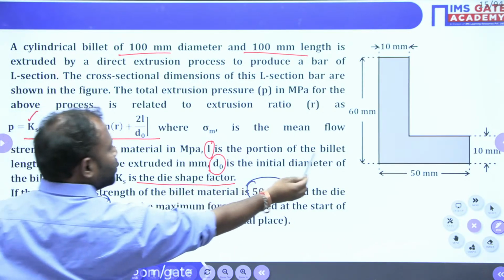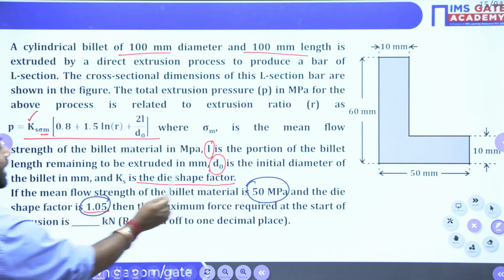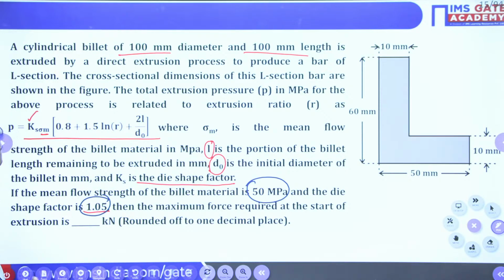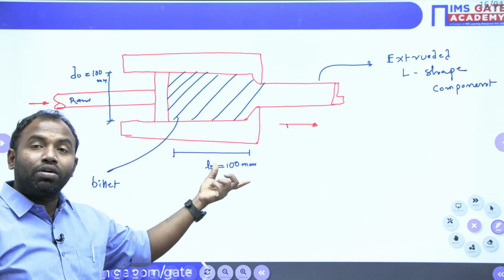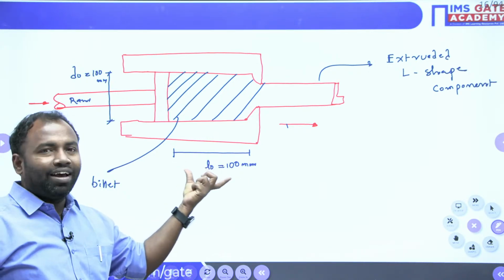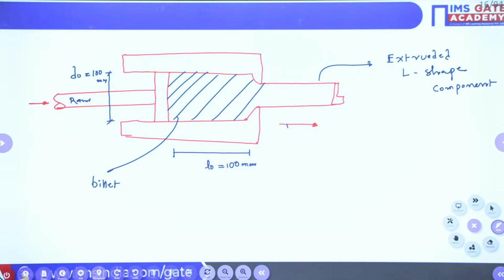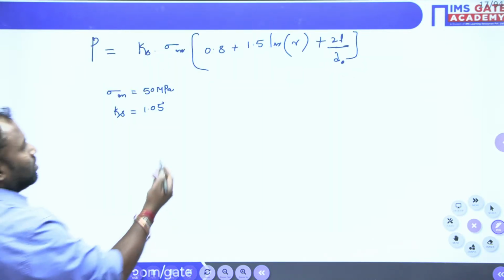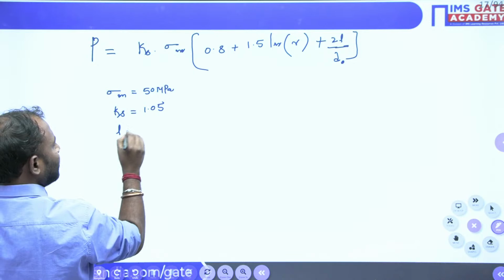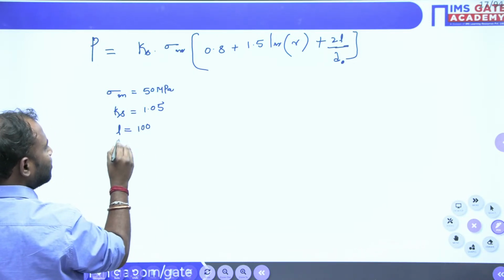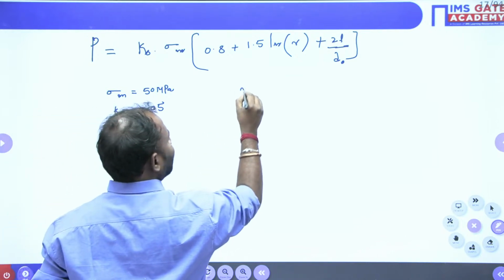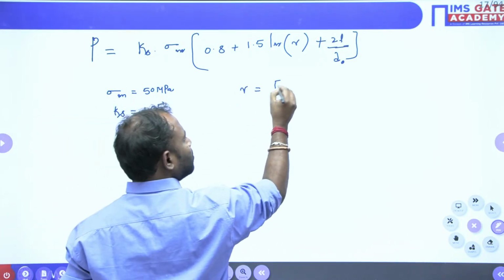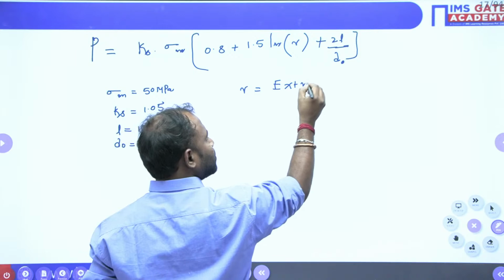L is the portion of the billet length remaining to be extruded, so L naught equals L. Here L is equal to 100 and D naught is also equal to 100. Now we have to find R, which is the extrusion ratio.